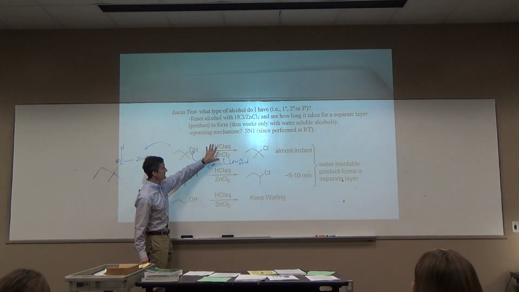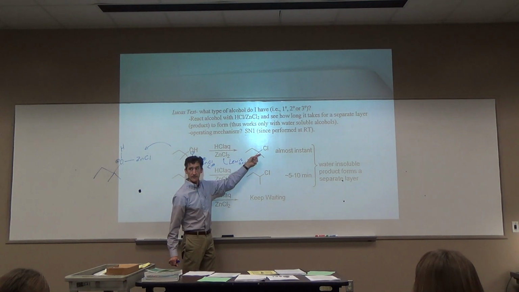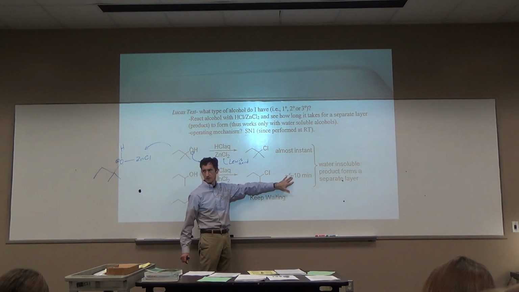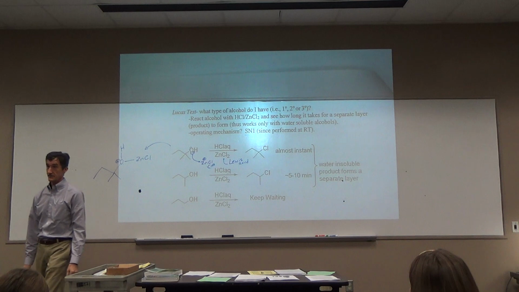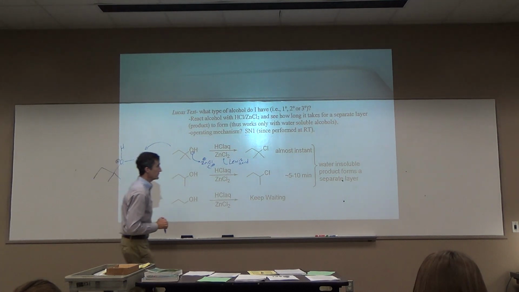If you react this with this reagent, it's going to form so fast that the second layer forms very quickly, instantaneously. Secondary is going to take a few minutes, slower. Primary, guess what? It isn't going to happen because you don't make primary carbocations, and you can keep waiting, you're not going to get a second layer. So this is going to tell you what type of alcohol you have. Make sense? Any questions?